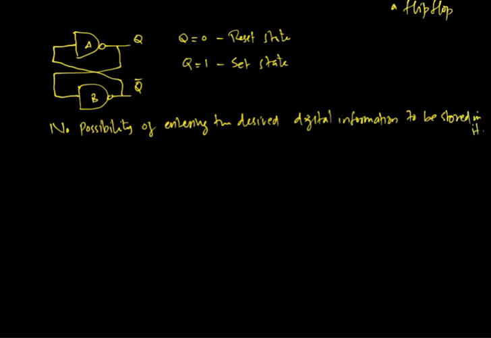So to make this possible, we have to modify these latches, and the modified forms of latches are the flip-flops. The first flip-flop we are going to discuss is the RS flip-flop.